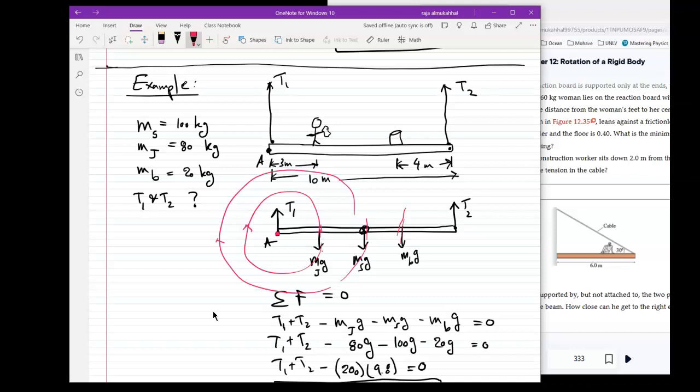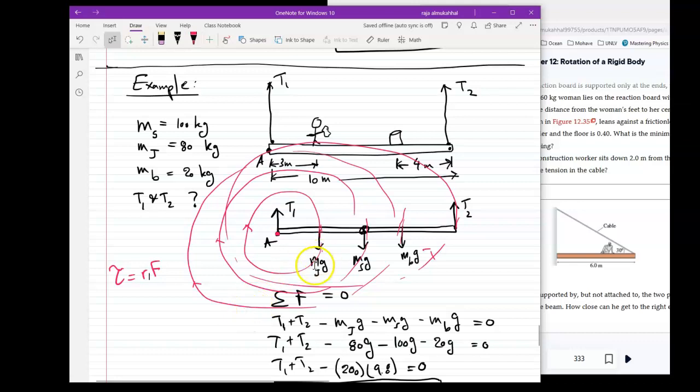And this one, however, T2, is going around in the counterclockwise direction. So the torque is what? Tau is equal to RF. If I start with MJg right here, this is R, and F is basically MJg. Clockwise is negative, counterclockwise positive, and we're going to add them up together. Do you see the plan? Let's do it.